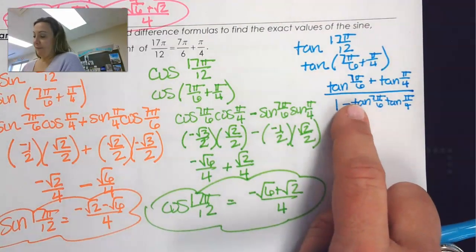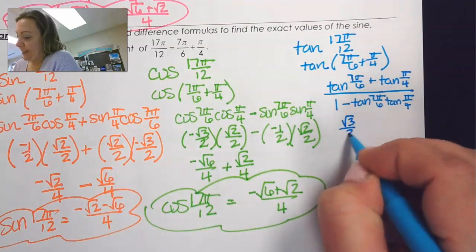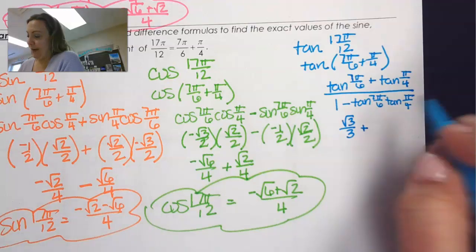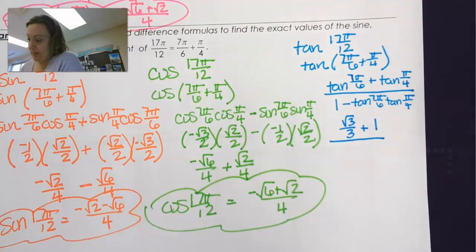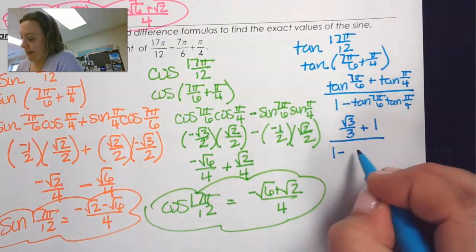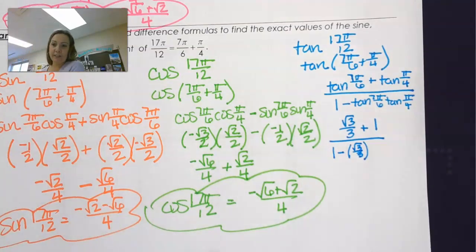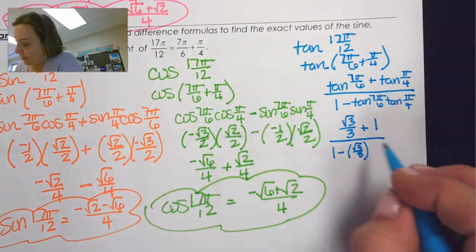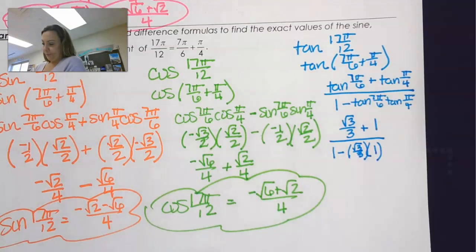The tangent of 7 pi 6 is positive root 3 over 3, and the tangent of pi fourths is 1. Then we have 1 minus, again, the tangent of 7 pi 6 is root 3 over 3. Remember, in quadrant 3, tangent's positive. And the tangent of pi over 4 is 1.